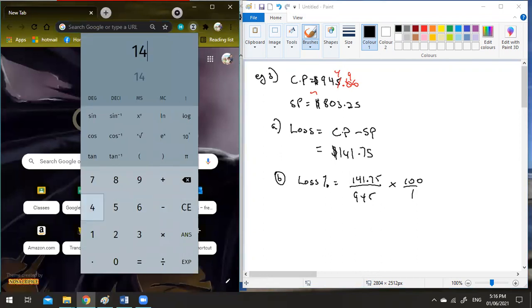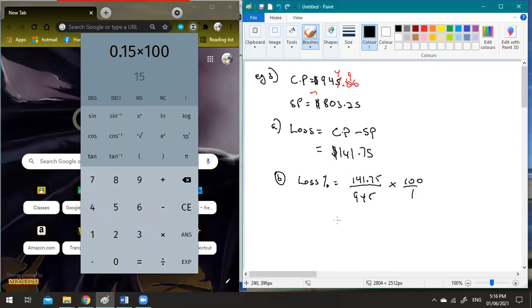So 141.75 divided by 945, equals, then multiply by 100. So his loss percentage was 15%.